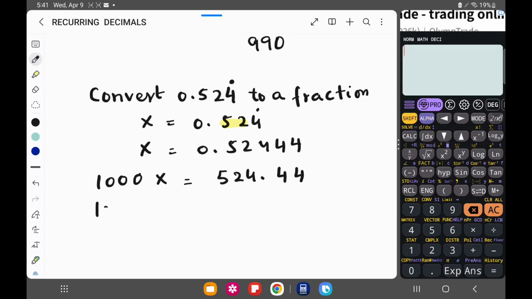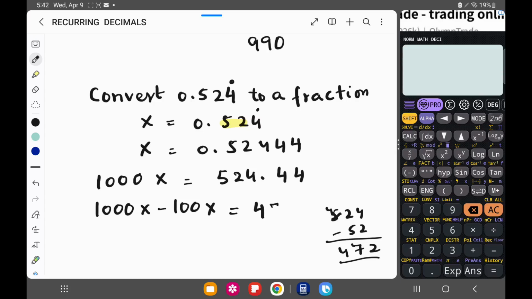So 1000x minus 100x is equal to 524 minus 52, because 52 is the two digits which are not repeating. That gives 472.